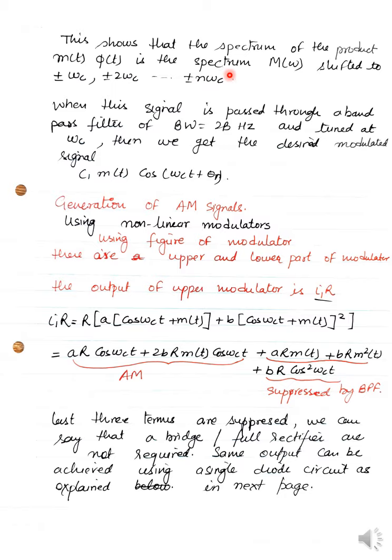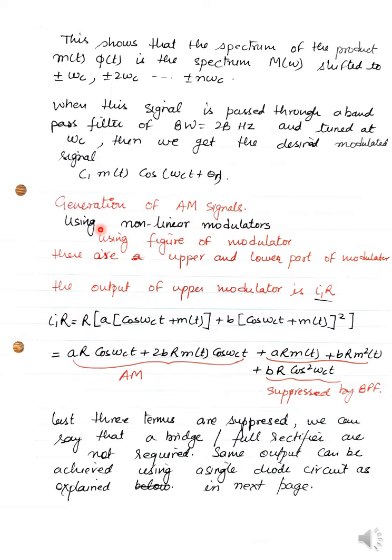If you remember, the Fourier series is basically a series of your fundamental frequencies shifted by plus minus omega c, plus minus 2 omega c, and so on. So when this signal is passed through a band pass filter of bandwidth 2B hertz and tuned at omega c, we get the desired modulated signal C1 m(t) cos(omega c t plus theta).